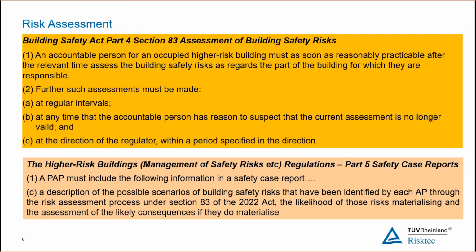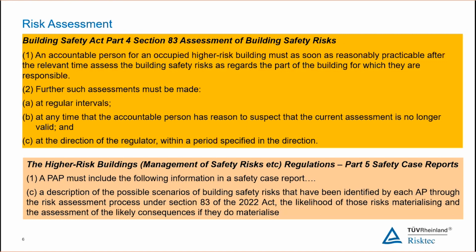The second extract is taken from a different piece of legislation, but again the accountable person must include a description of all of the possible scenarios of building safety risks. We'll come on to the definition later of what we mean by risk, and also the specific requirements of the legislation as to what building safety risks have to be included.